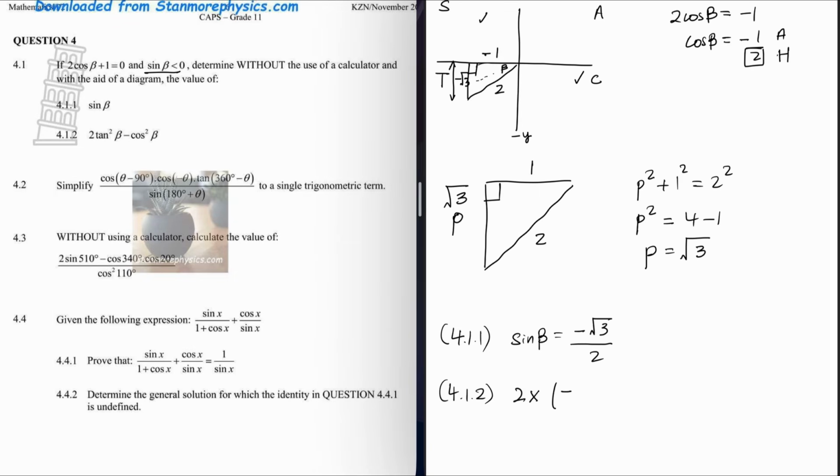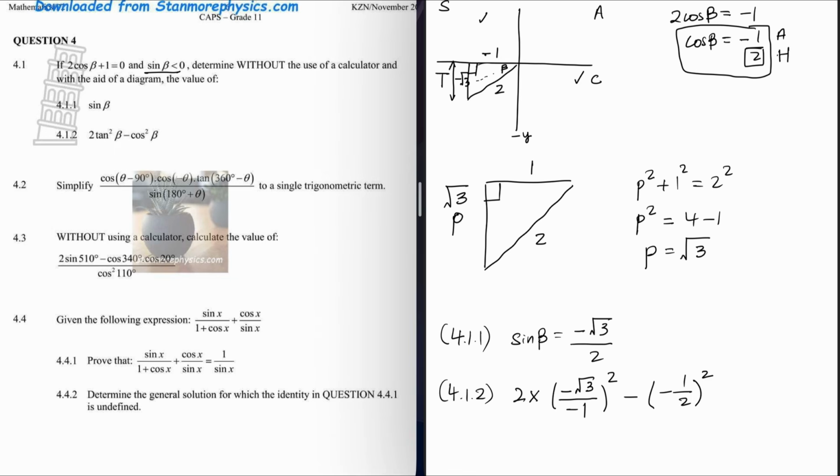So opposite is going to be minus square root 3 divided by the adjacent, which is minus 1, and that is being squared. Then we're subtracting cos squared beta. Cos beta we know is minus a half. So minus a half, and that's all squared because it's cos squared beta.